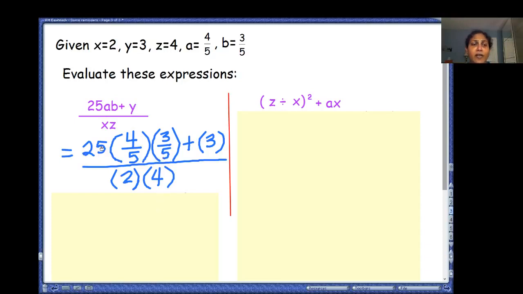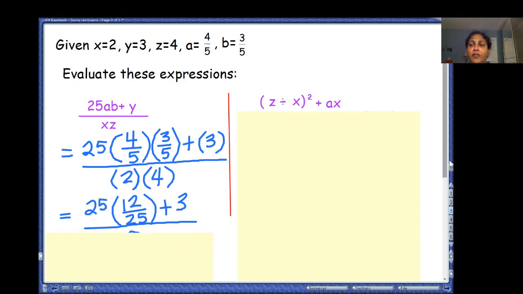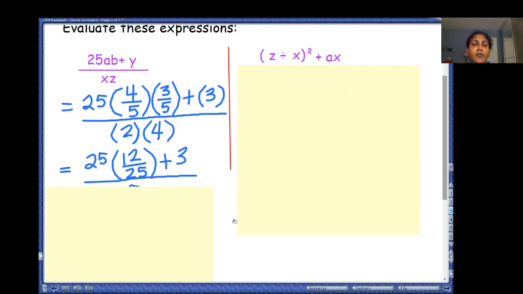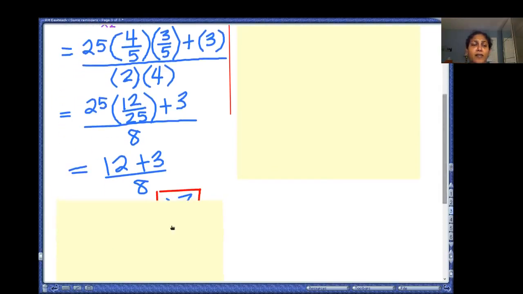So the 25 will cancel with the 5s, and you will end up with basically 25 times 12 over 25 plus 3. Therefore, the numerator will become 12 plus 3 over 8, which you must simplify, and it becomes 1 and 7 over 8. I hope you got that right.